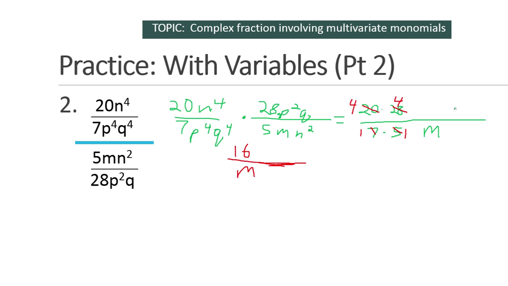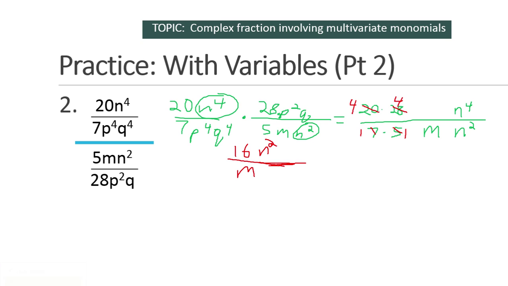So you have n to the fourth on top. And then if you notice, you have n squared on bottom. So fourth squared. So you get 4 minus 2. Is that going to go on top or bottom? Yeah, it's going to go on top. So that's going to be n to the second, sorry.